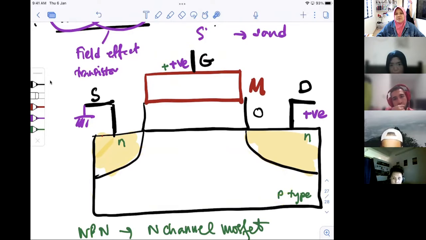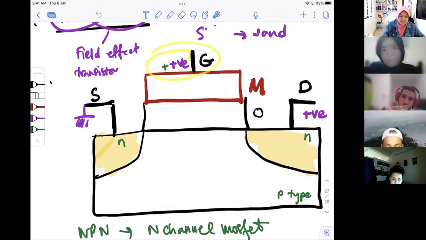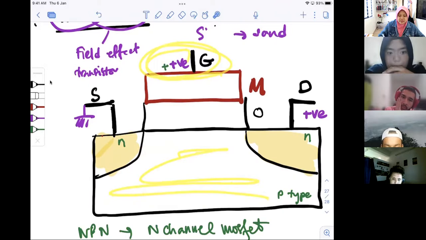Can you say that question again? I increase the voltage at the gate here. So what happens to the carriers in the semiconductor?